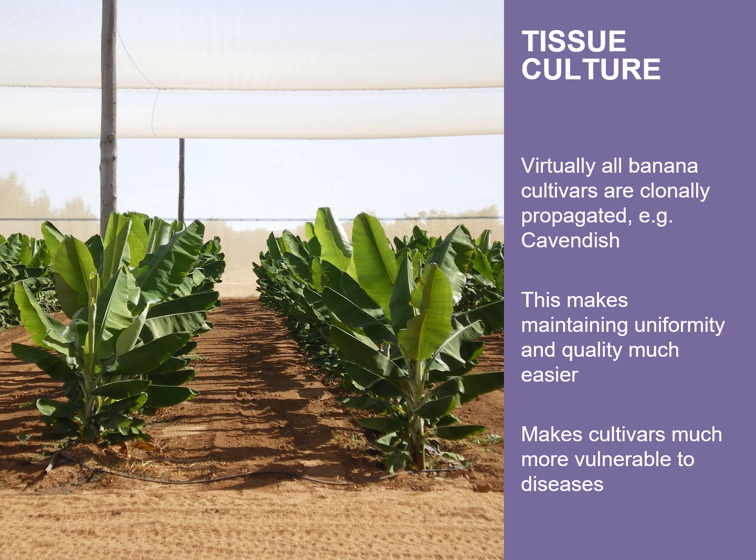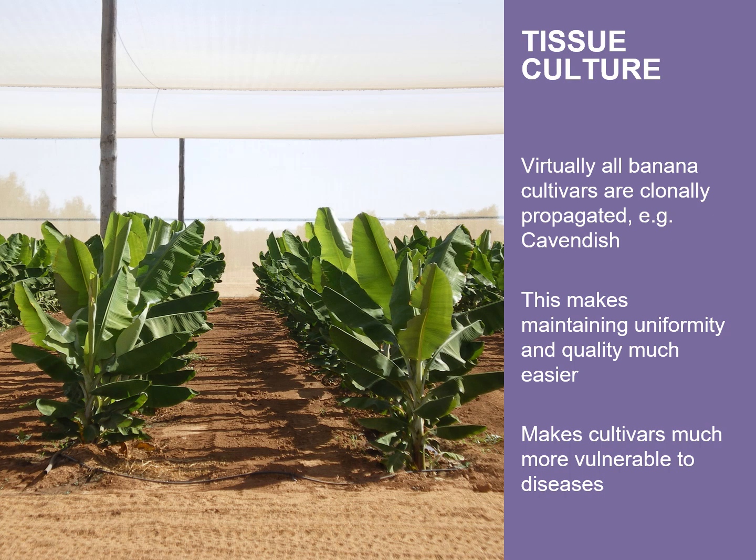So the banana crop is then put out into a field, and virtually all cultivars of bananas that we eat, that you'll pick up in the supermarket, are clonally propagated in this way, and have probably originated from a laboratory. The Cavendish types of banana are the most common, and they're all clones of each other.